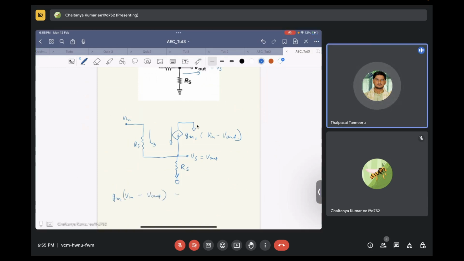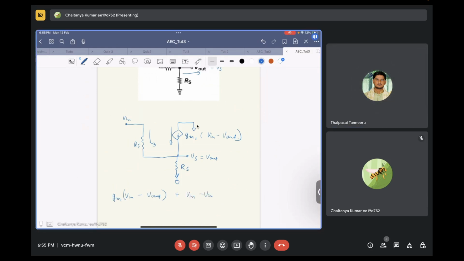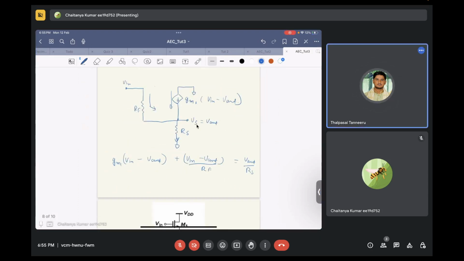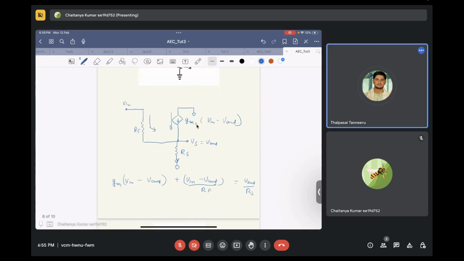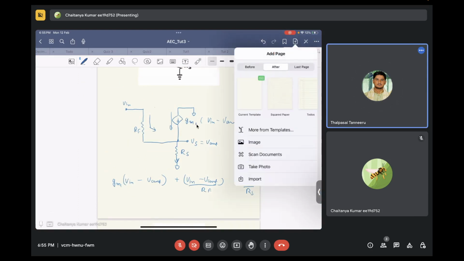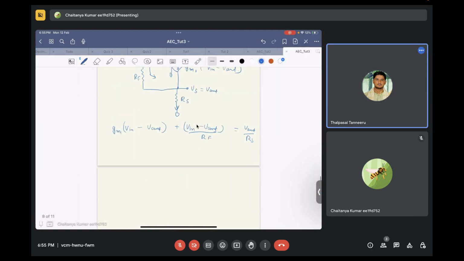V in minus V out by RF equal to V out by RS, sir. Correct.